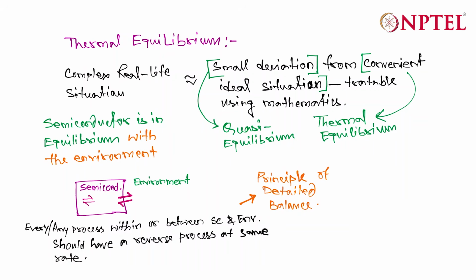In physics, this is one of the approaches of solving problems. If there is a complex problem, we figure out the idealized situation associated with it, which is approximately very similar to it, and then we consider a small deviation from it.